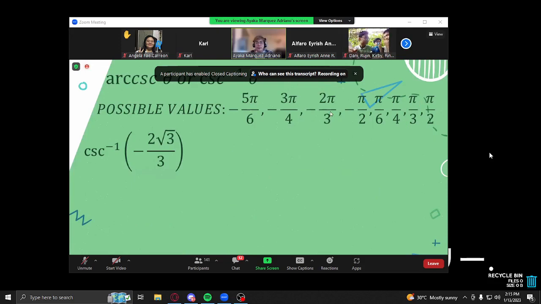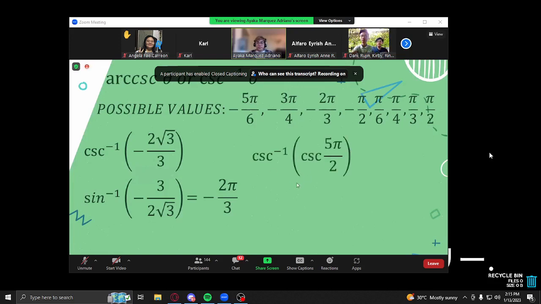So, this just proves, no, na hindi lahat ng pinaprovide ng scientific calculator is kailangan ninyong i-accept. Kasi ang kino-consider nga ninyo is the range of the arc cosecant function. O, i-try naman natin ito. What is arc cosecant, cosecant 5 pi over 2?